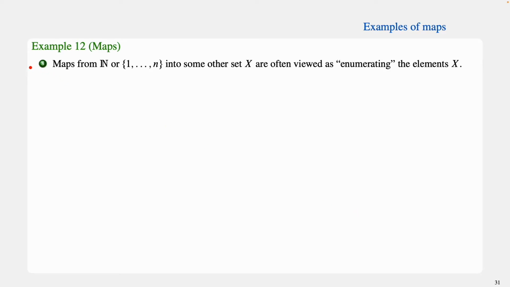Then a particular kind of map is where you use either the natural numbers or some finite set to enumerate elements of a set.